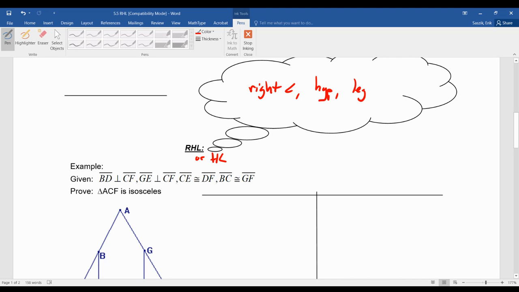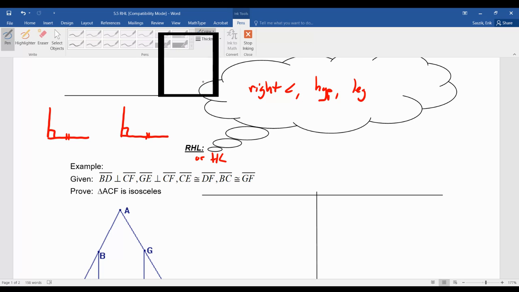But this is a unique situation where you have a right angle. So again, if I have a right angle and a leg congruent, so let's say boom, boom, and let's say this leg is congruent and the hypotenuse is congruent. So I'm going to have some kind of hypotenuse.